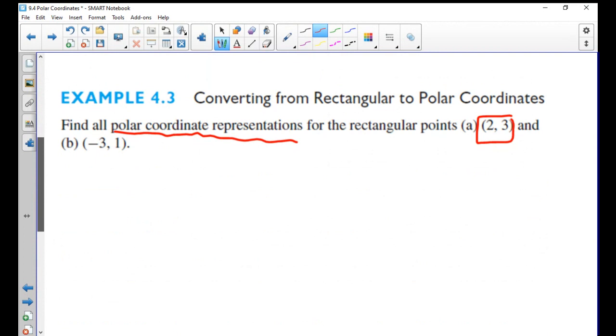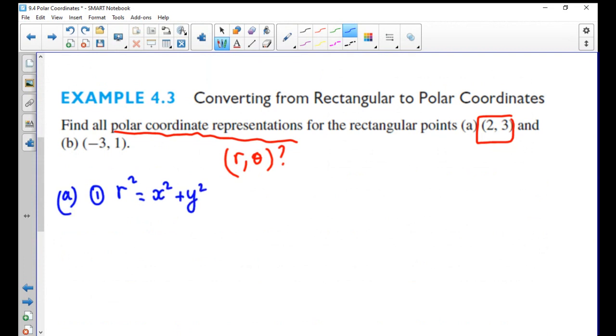I want to find r and theta, all polar (r, theta). So what did we do? Do you remember what we just did? What's the first thing? r squared. First we write r squared, which is x squared plus y squared. I'm doing A, and I will leave you B to do yourself.